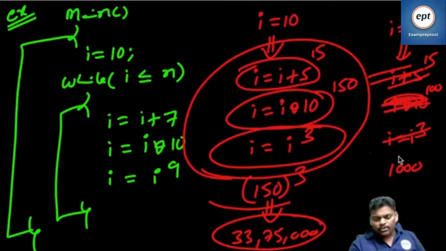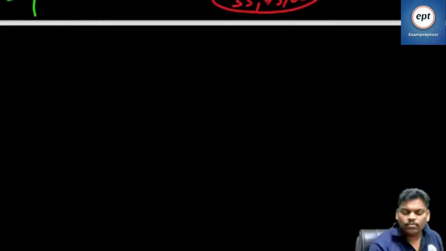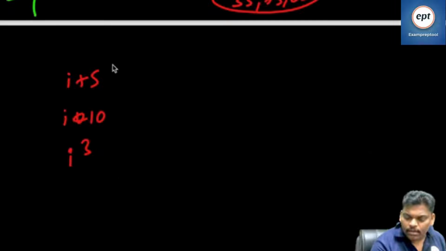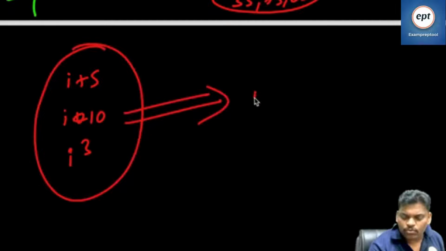The solution for this one is, for a bigger I value, I plus 5, I into 10, I power 3, these three are almost close to I cube only.